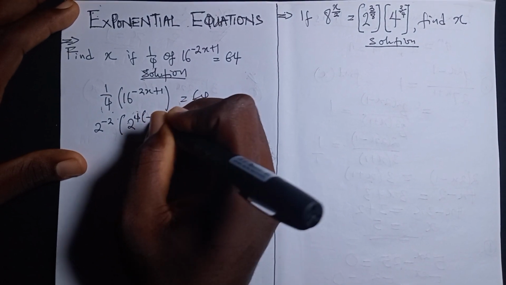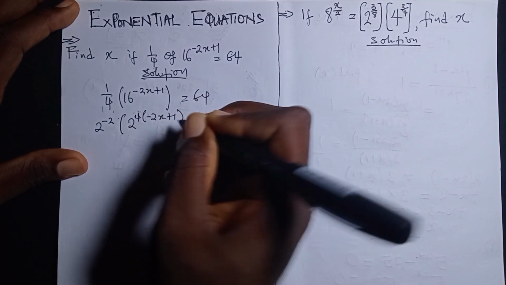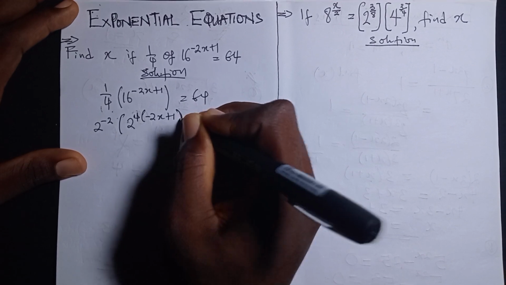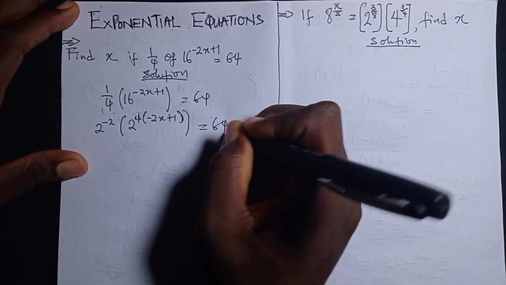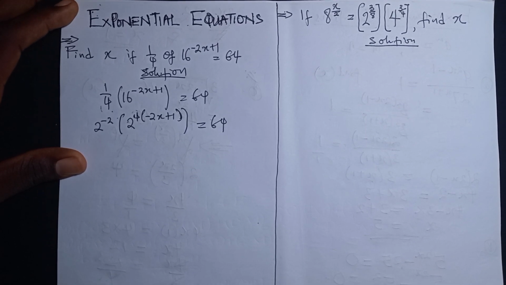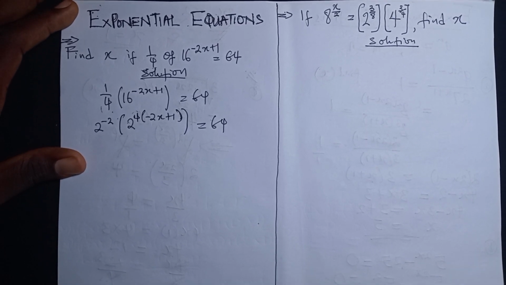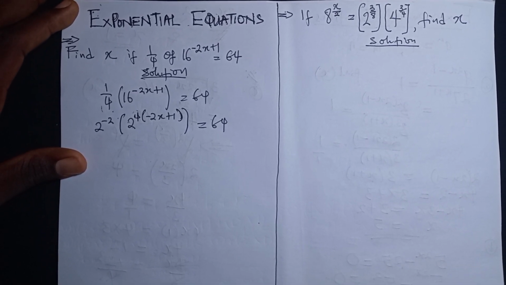In bracket, minus 2x plus 1. This is equals to 64. So remember, 64 can also be converted to 2 raised to power 6.